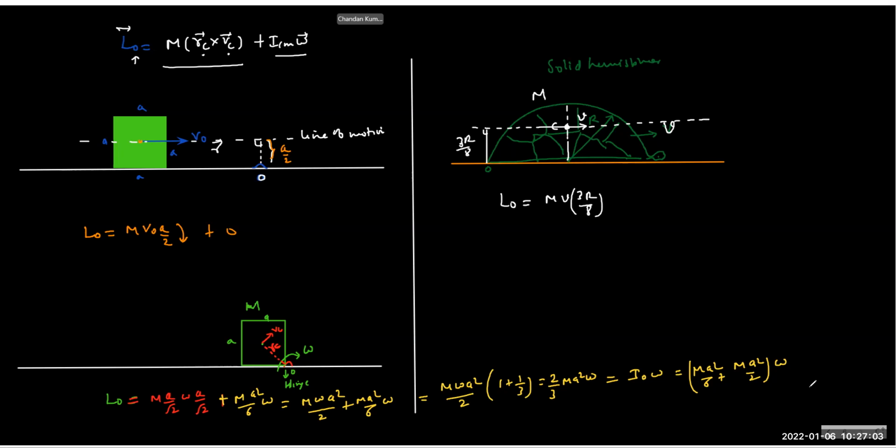Because when this block hits the obstacle or the bump, it applies an impulsive force, and the impulsive force cannot create torque about the same point where it is active. In case of collision, we always choose the point which creates the impulsive forces as the conservation point. So hitting the bump is like a collision.